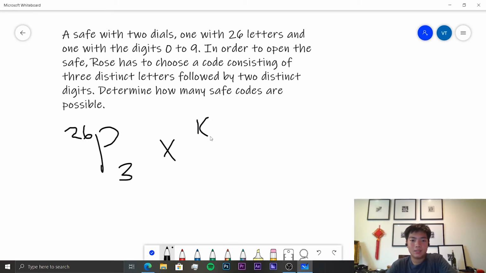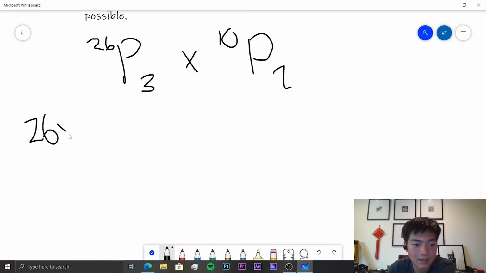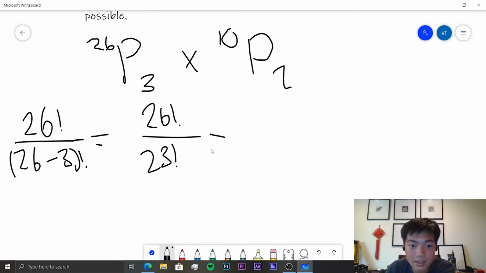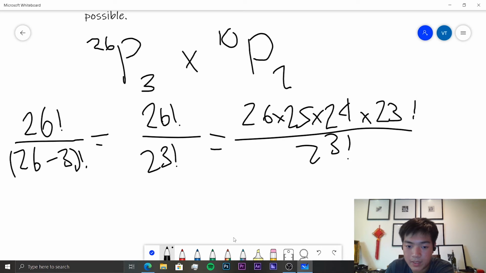Since there are 10 possible digits, 0 to 9, and you need to pick 2, this is 10 permutation 2. The cheaty way to do it is that 26 permutation 3 is equal to 26 factorial over 26 minus 3 factorial, which is 26 factorial over 23 factorial. 26 factorial is 26 times 25 times 24 times 23 factorial, so simply cancel these out and you're left with 26 times 25 times 24.